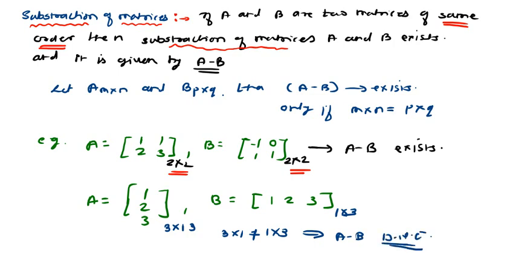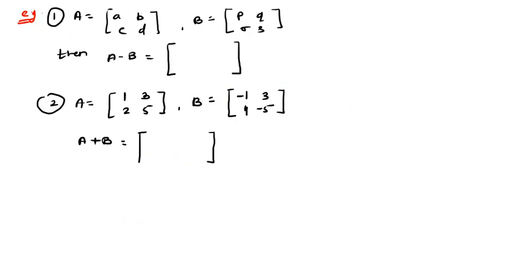Okay, now if the order of the matrices is the same, these are the examples. Suppose this is a matrix A of order 2 by 2 and this is matrix B of order 2 by 2, then the subtraction A minus B exists, because the orders are the same. And how to subtract two matrices?